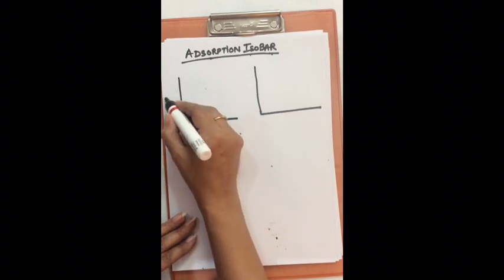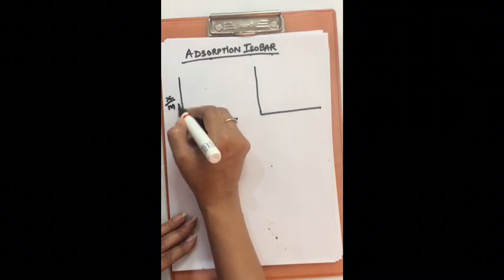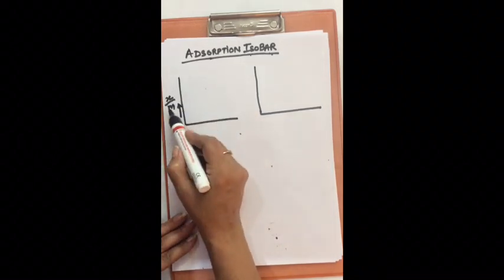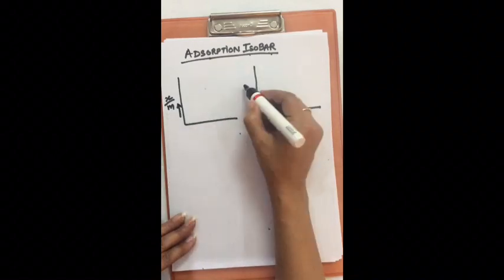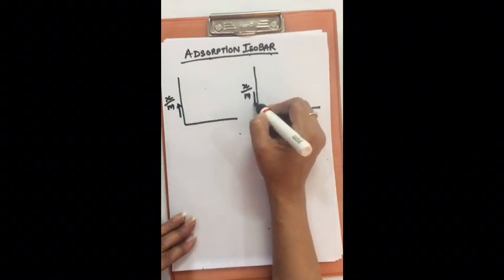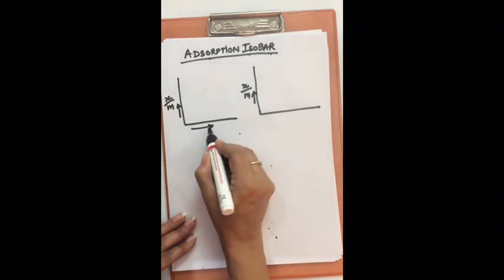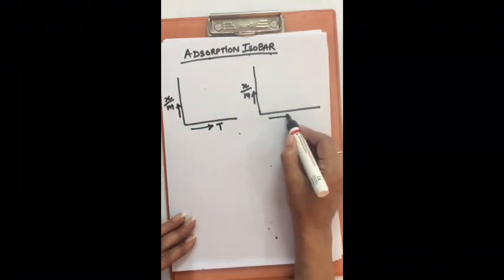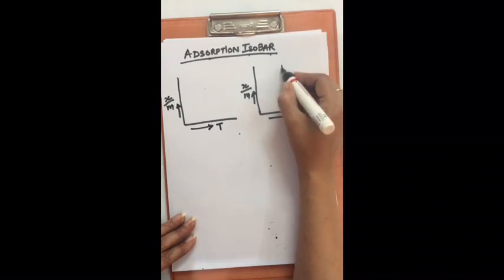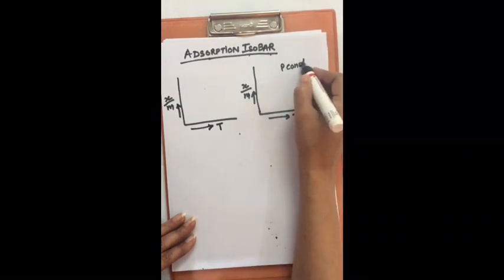A plot between extent of adsorption, denoted by x/m, and temperature, keeping the pressure constant.